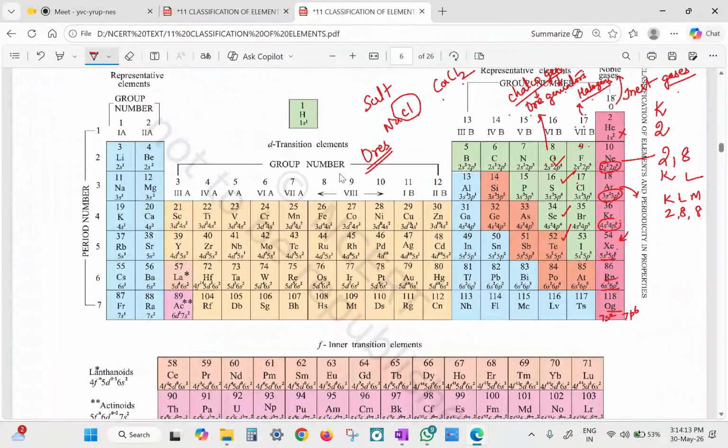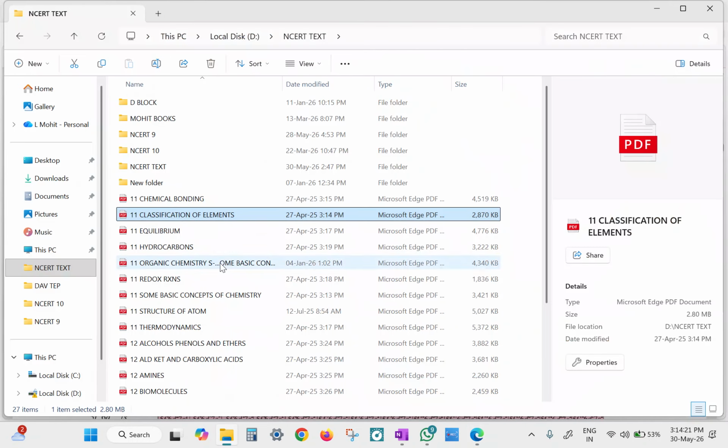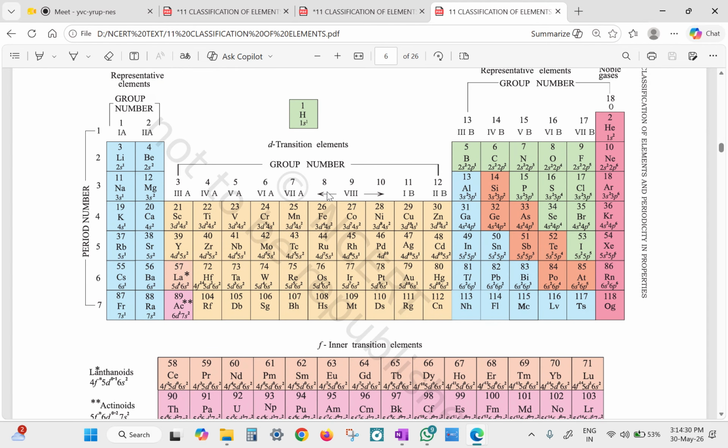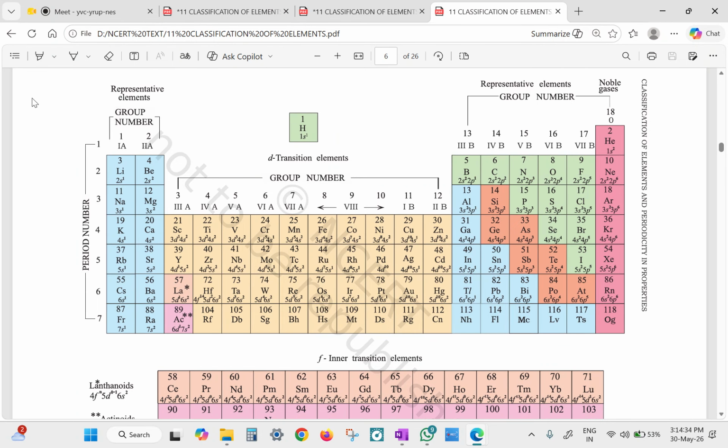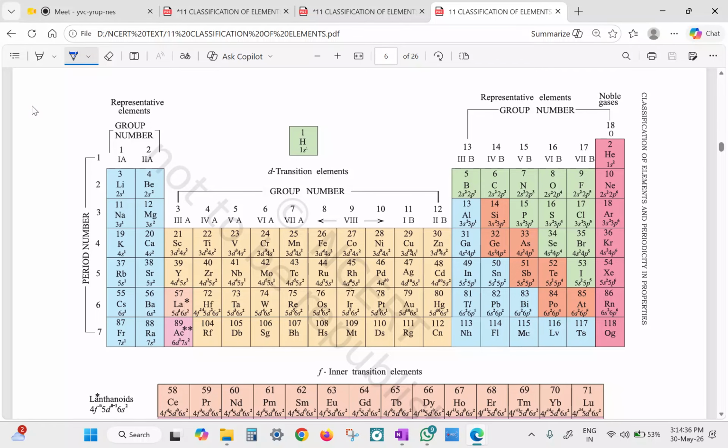Now, what else here? There are some characteristic features of the modern periodic table, and we should be aware of them. We are trying to become aware of the periodic table. We cannot memorize directly, or rather we need not memorize, but we will have to study as and when it comes. At least in class 11, you have to study the elements from hydrogen to zinc.